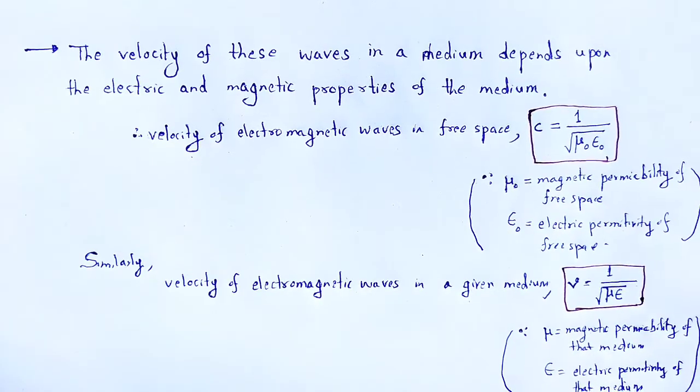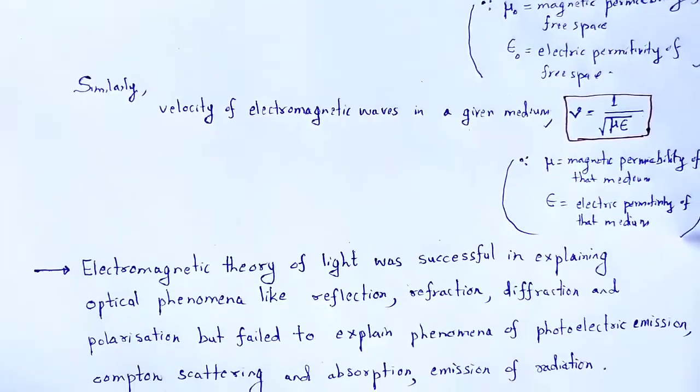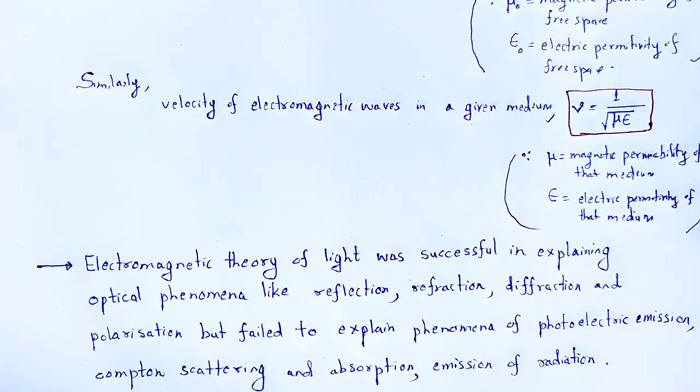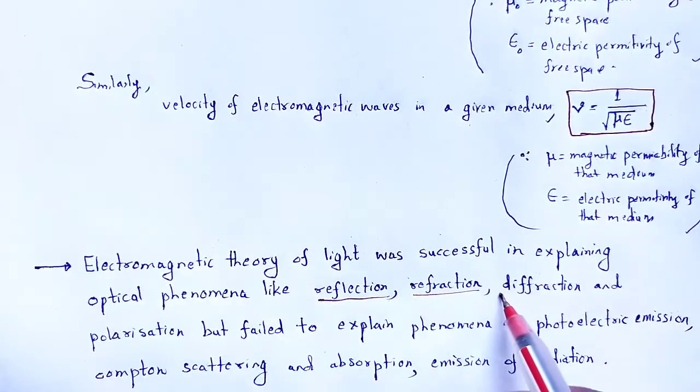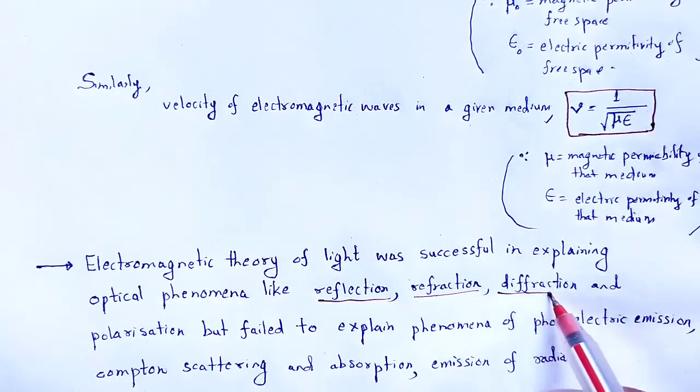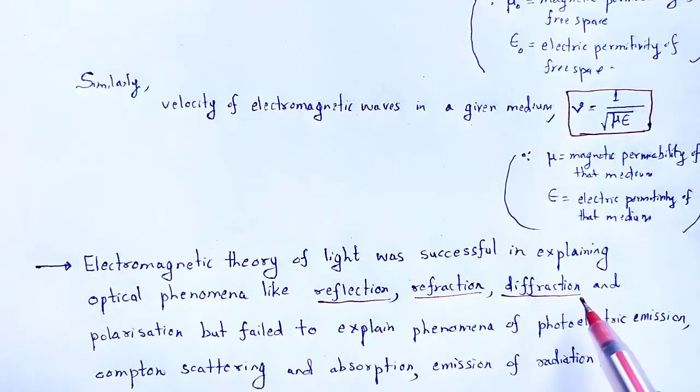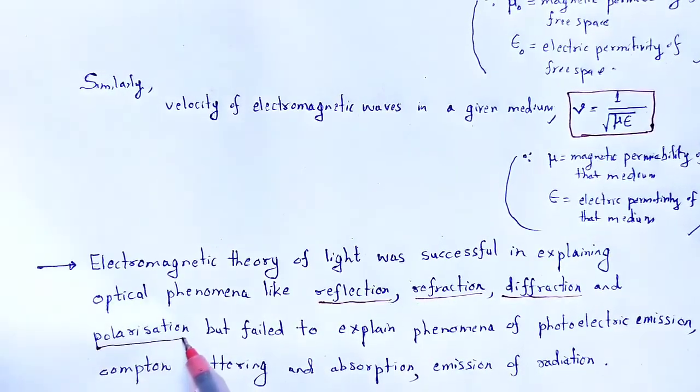With the help of this electromagnetic theory of light, which was proposed by scientist Maxwell, we can successfully explain optical phenomena like reflection, refraction, diffraction and polarization.